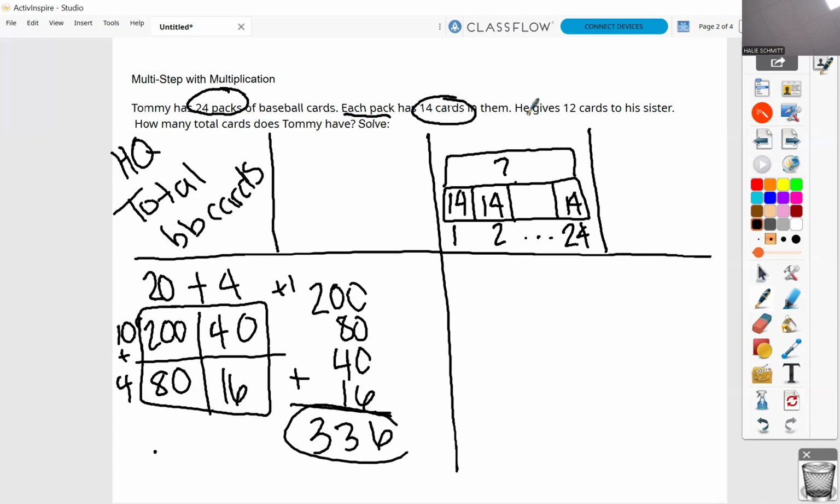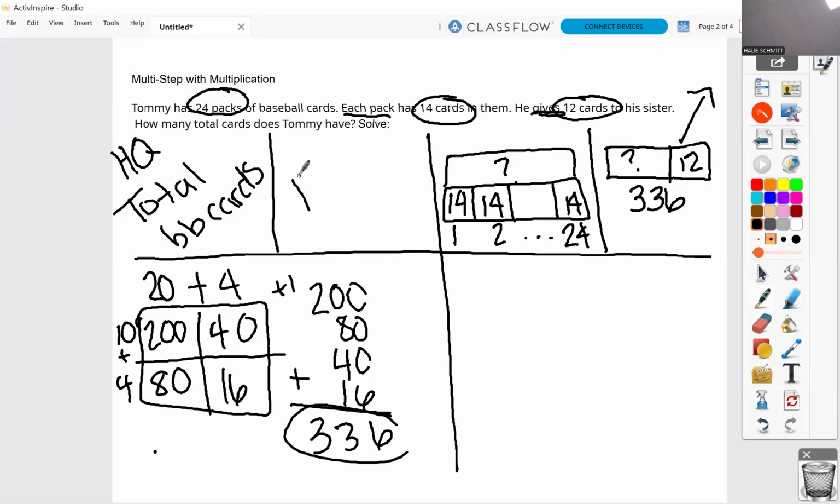We keep going. He gives 12 cards to his sister. So we know we have a total of 336 cards, and I'm going to be giving 12 of them away. We're now looking for the number of cards he has now, right?